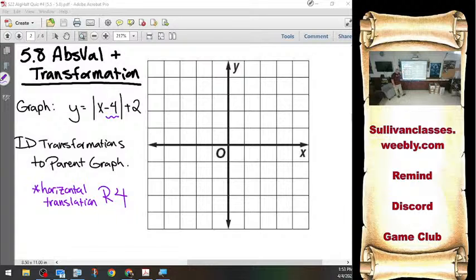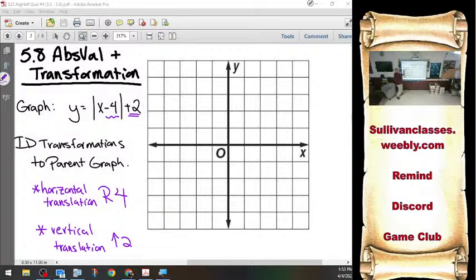Remember, it's bass-ackwards land. The +2 on the outside of the grouping is going to be a vertical translation. And because it's outside the grouping, it's in regular land, so we will go up 2.